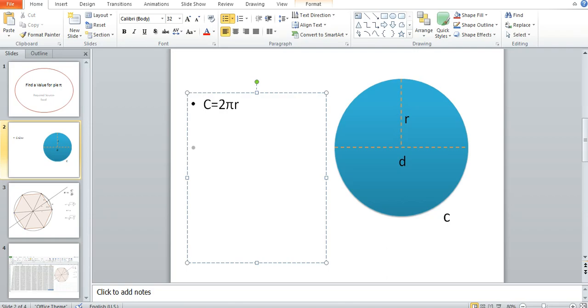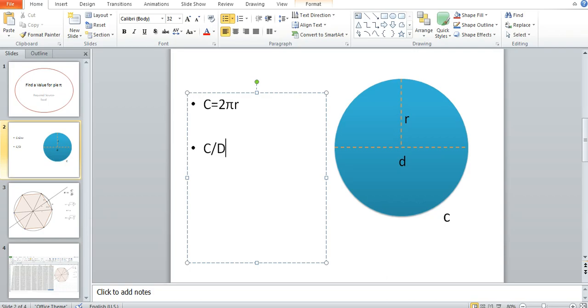Before we start, we should know that for every circle, the ratio C divided by D, where C means circumference and D diameter, is a constant value.